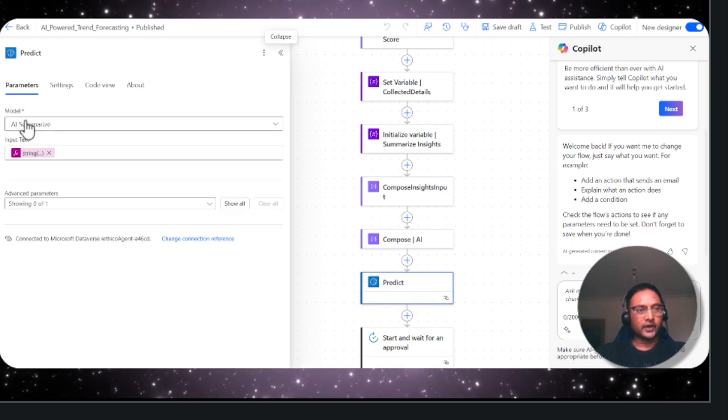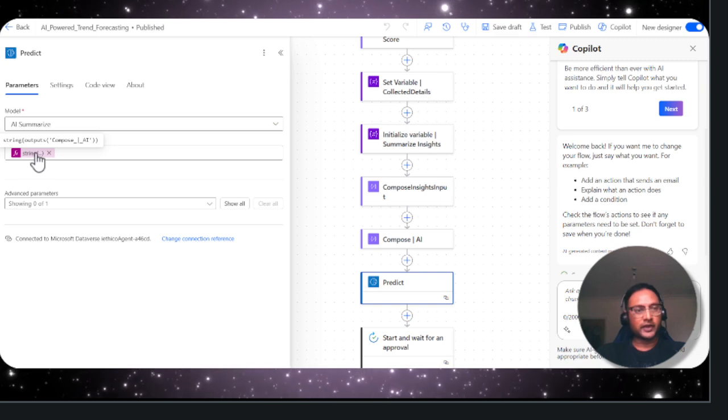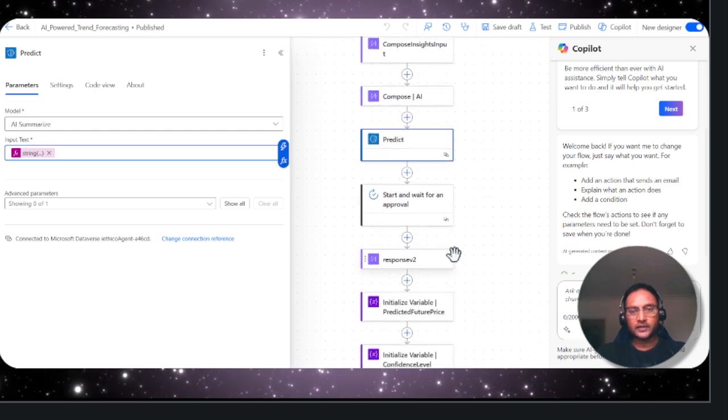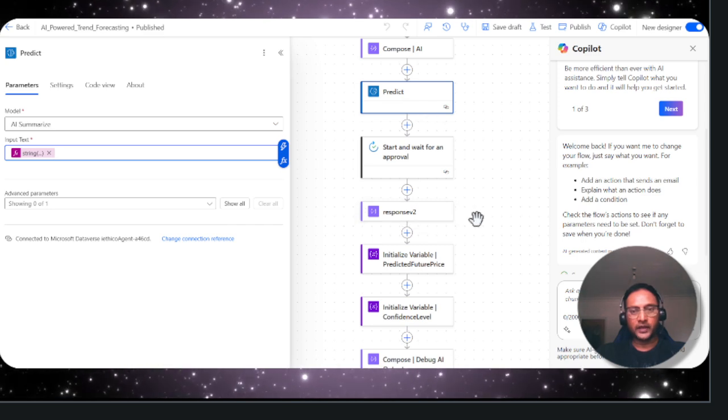So here I'm summarizing it. Based on the input from compose AI, this is going to suggest, and I'm passing the details and capturing that response here from the AI.